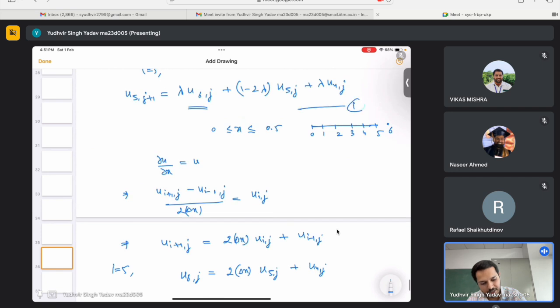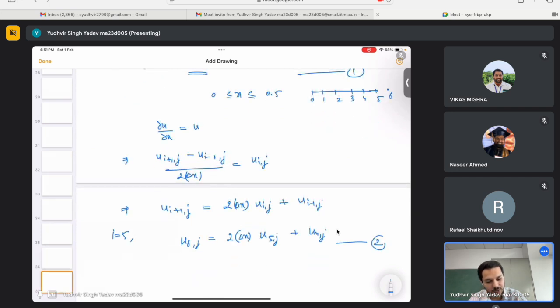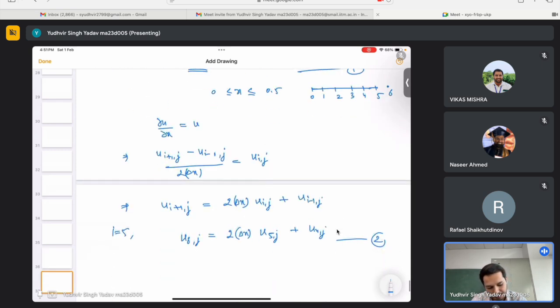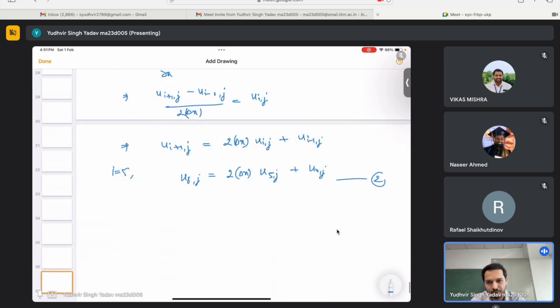So we were at this step earlier. We do not have the value of u6, j, but using this derivative boundary condition, we get the value for u6, j.